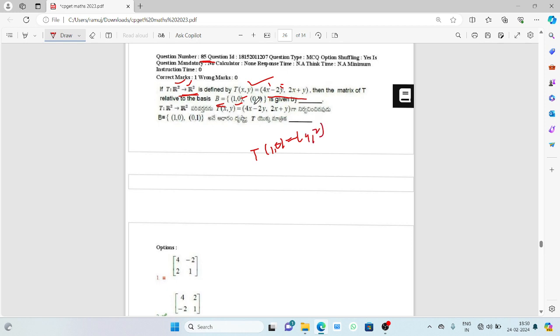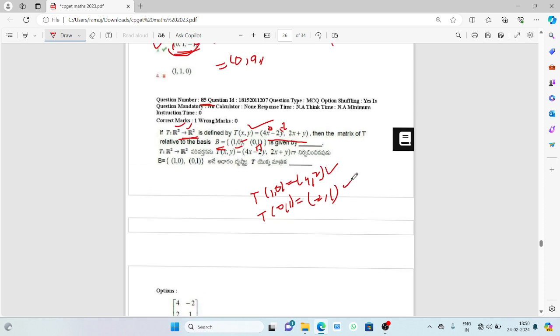Similarly, if you consider the basis 0 comma 1 and substitute it in the given linear transformation, in place of x we replace 0 this time, and in place of y we replace 1. So we get minus 2 comma 1. By using these two vector values, we can write it using the standard basis method.